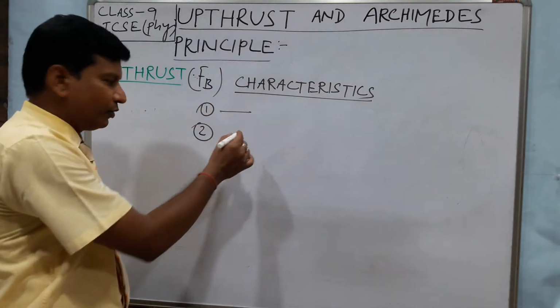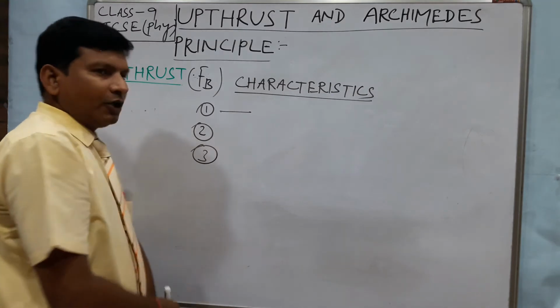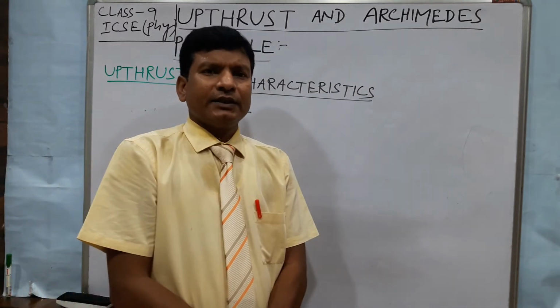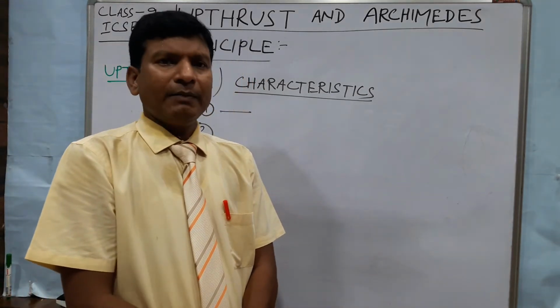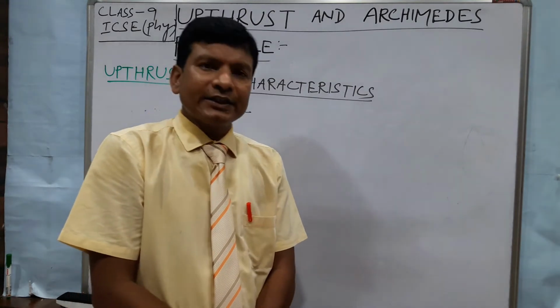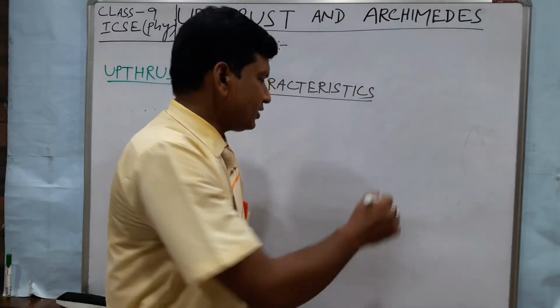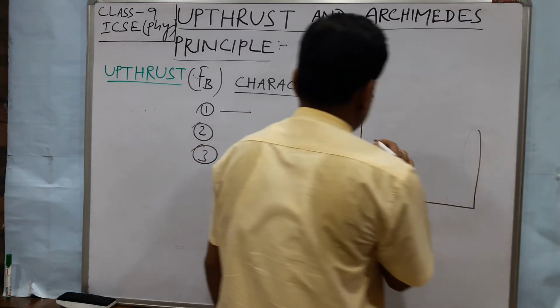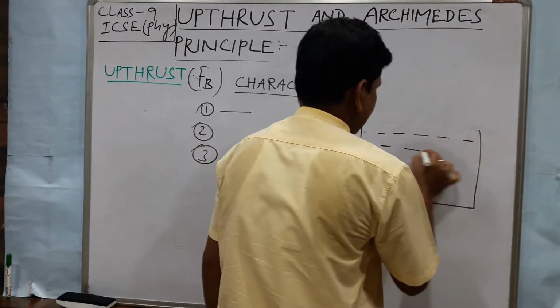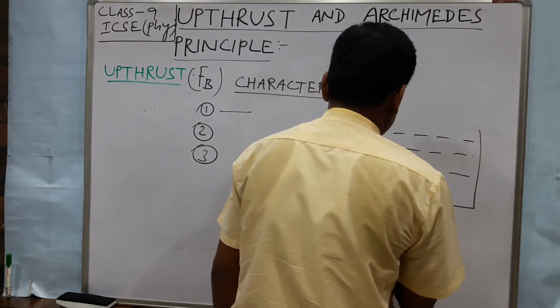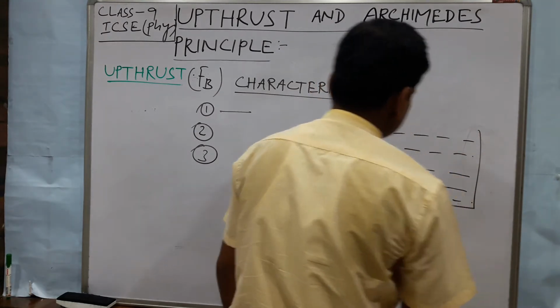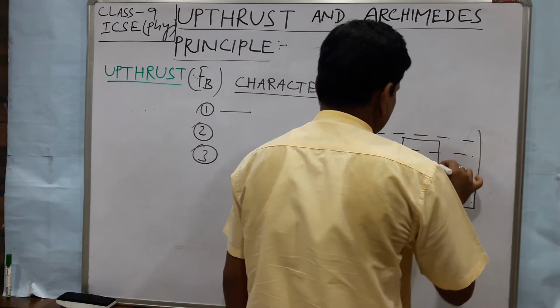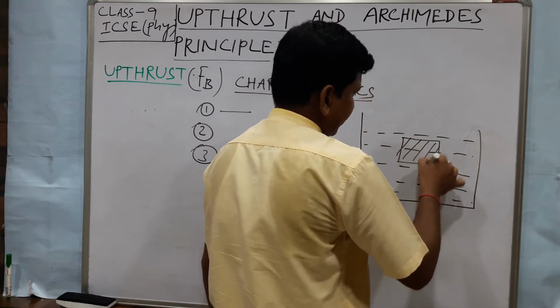That is number two. Number three, the upthrust always acts in the upward direction, remember, and from the center of buoyancy. Suppose I give a diagram, you will understand. This is a container containing liquid. Suppose one body is floating inside the liquid here.